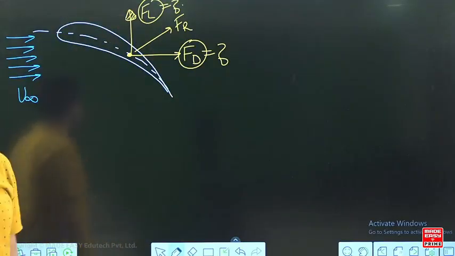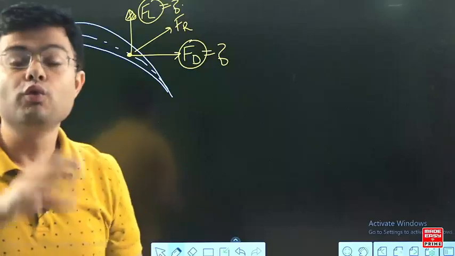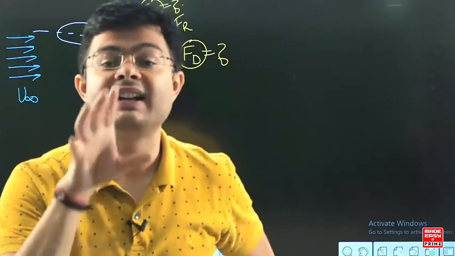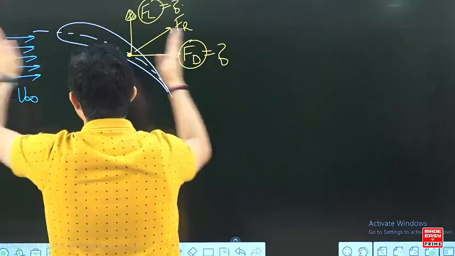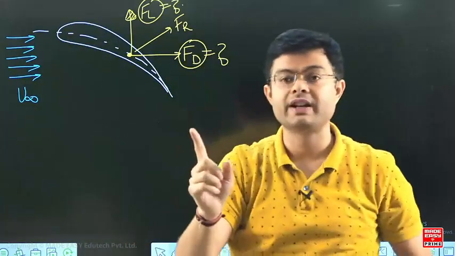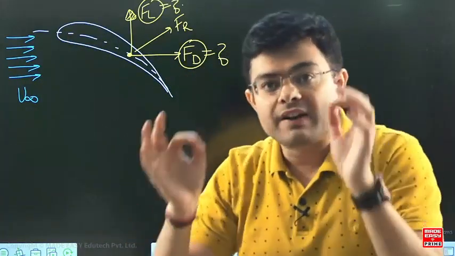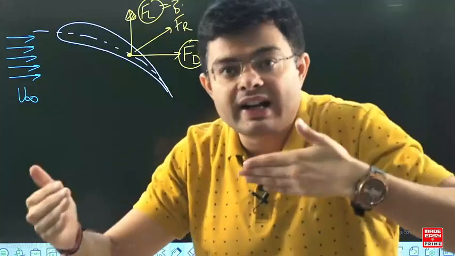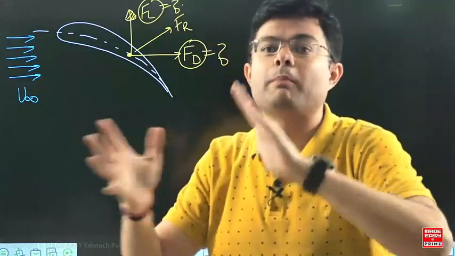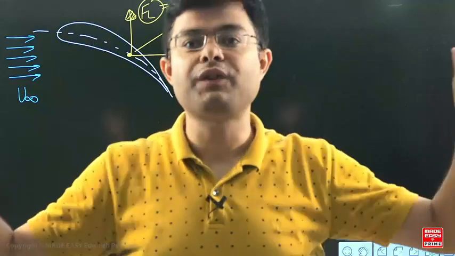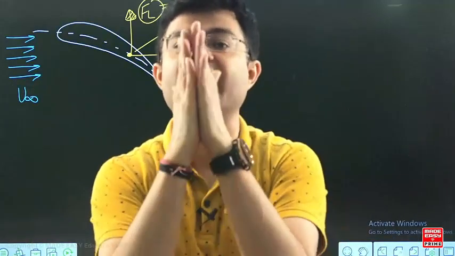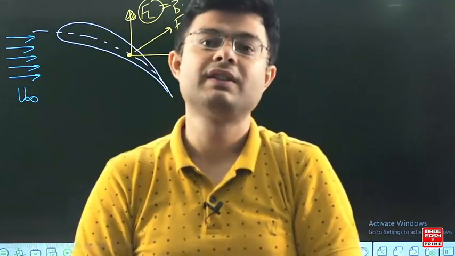Very good. You are going to get drag and lift whenever there is a relative motion between the body and the fluid. This point is very important. Or you can say when the body and the fluid are moving in opposite direction, then you will experience drag and lift.